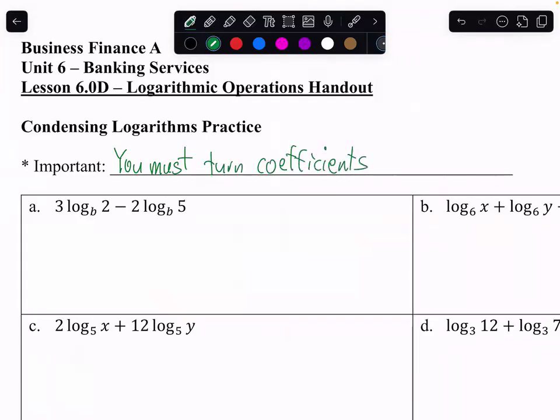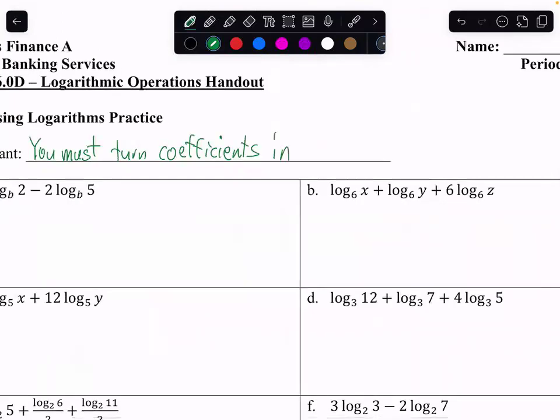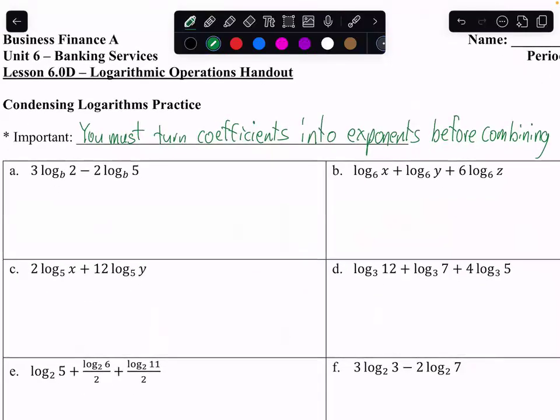You must turn coefficients into exponents before combining.